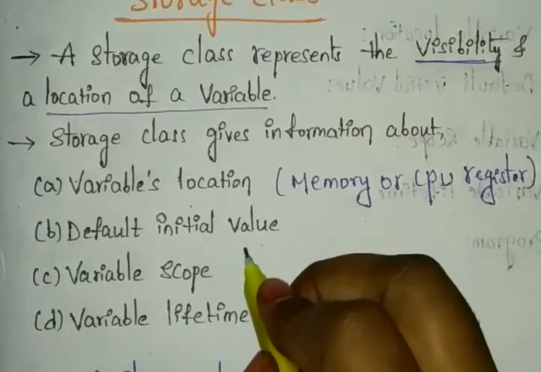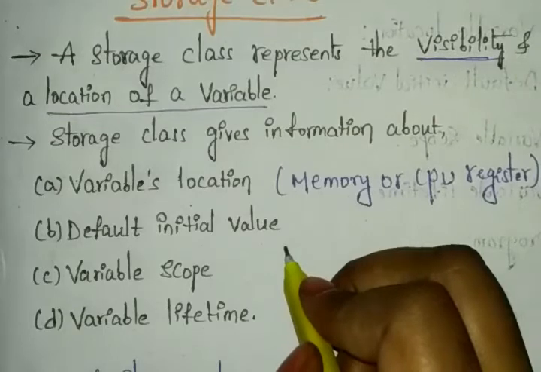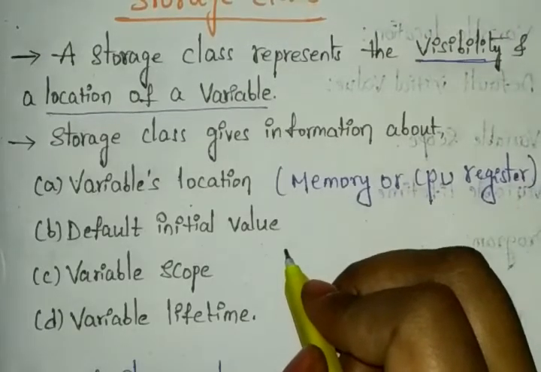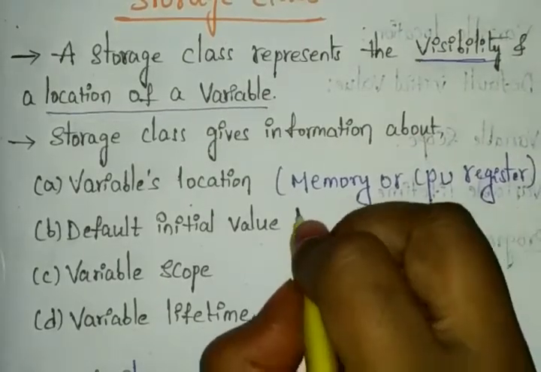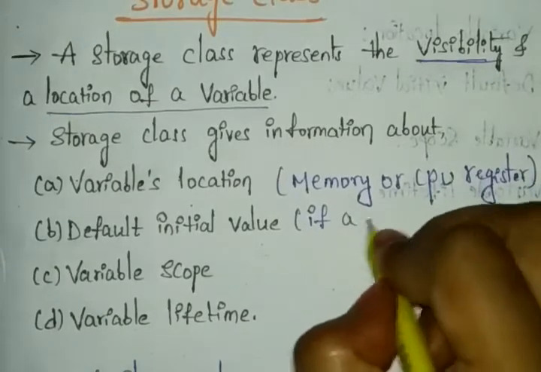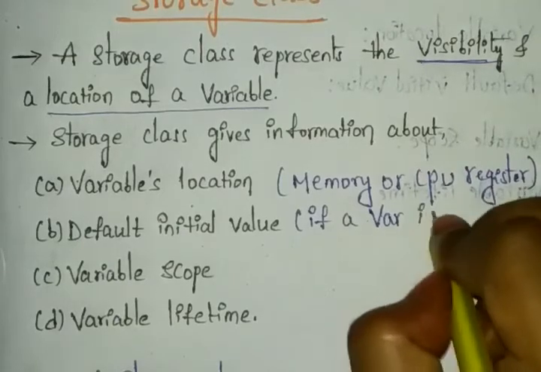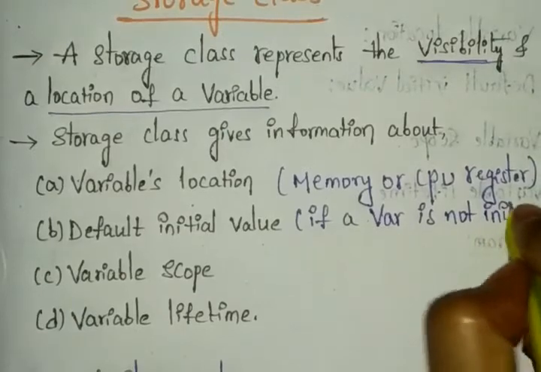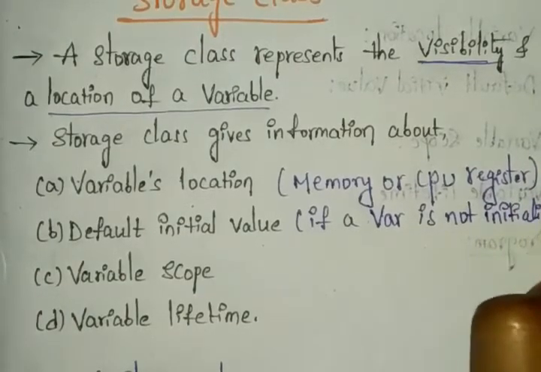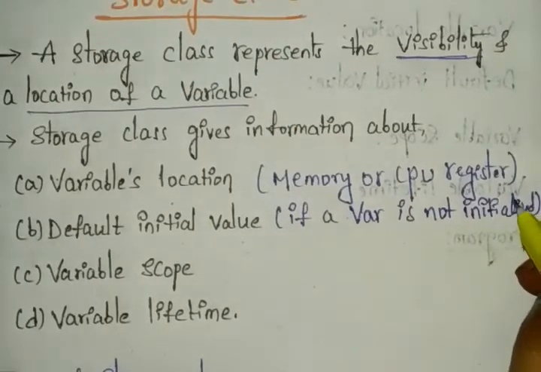And next we have the default initial value. These values take the default only. These storage classes provide default values for the variables in our program, right? If a variable, var meaning variable, is not initialized, the default value will be taken by our program.